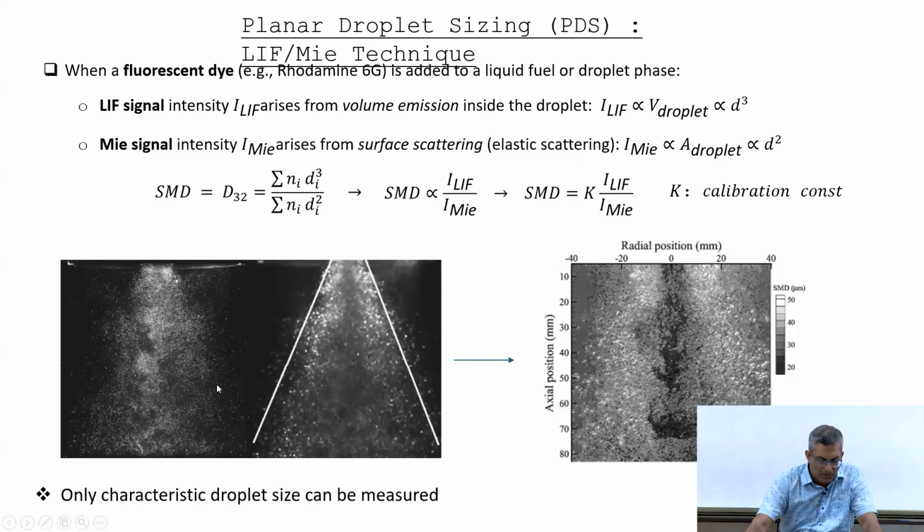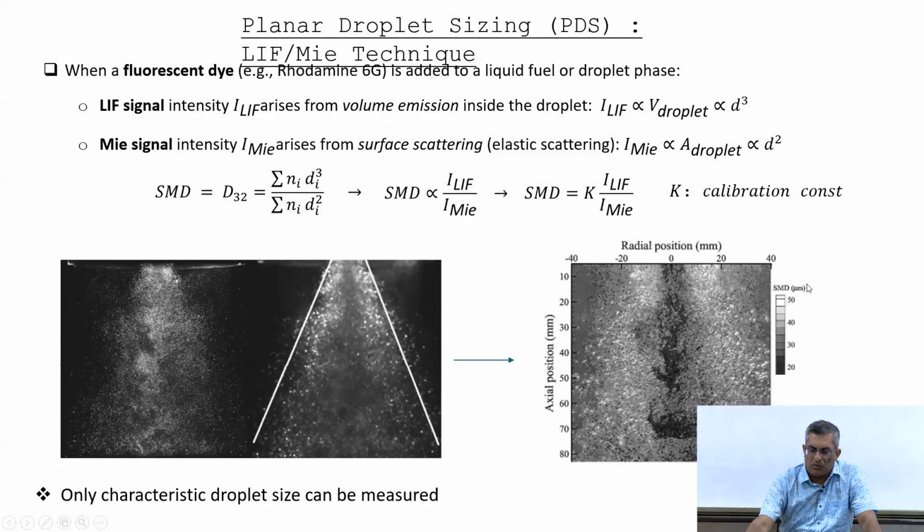Okay. So here you can see the images. One is the Mie image, one is the LIF image, and we take the ratio and we directly get the plot for SMD. So using this technique, you can't measure individual droplet size, but you can directly measure the SMD.